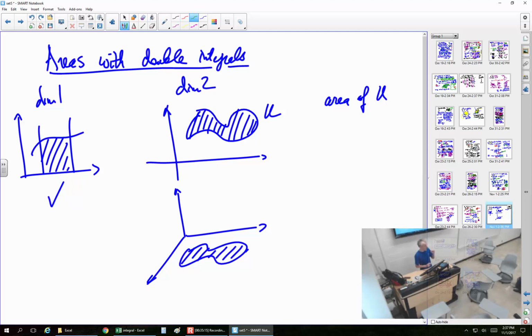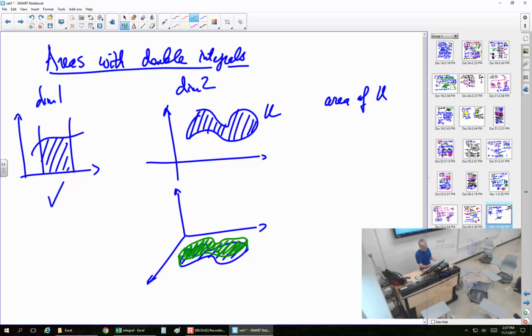We integrate a constant function equal to 1, like this. So the trick is that the double integral gives the volume, but if the thickness of this object that I'm building here, like a pancake, is 1, then it gives you the area. Okay, so I'm taking the same exact thing like this.